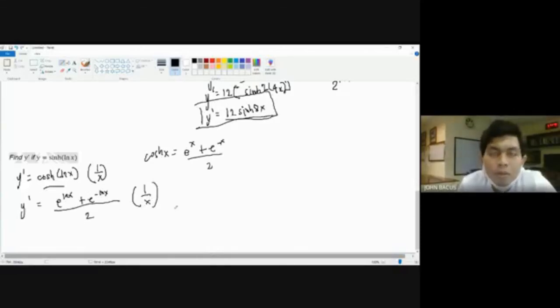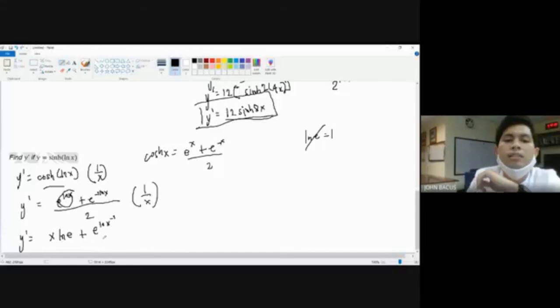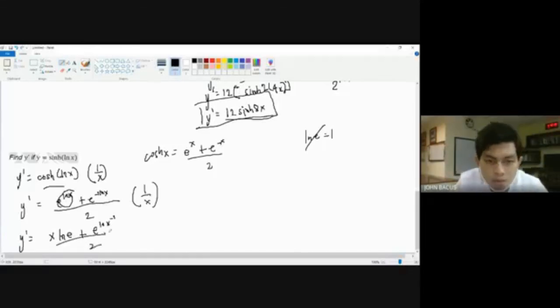I hope you have remembered the laws of logarithms that you learned before in your math class. This is just x ln of e, and remember that ln of e is equivalent to 1, so it disappears. So this is x, and then e to the ln of x raised to negative 1, all over 2 times 1 over x.